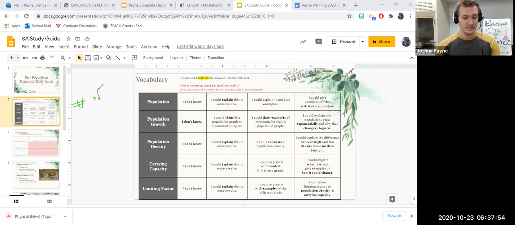Number of organisms divided by the area. And that'll give you whatever amount of organisms per area of land.